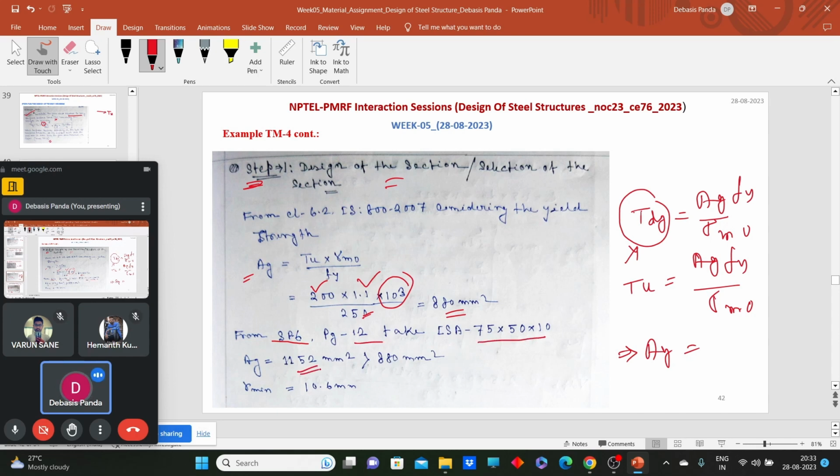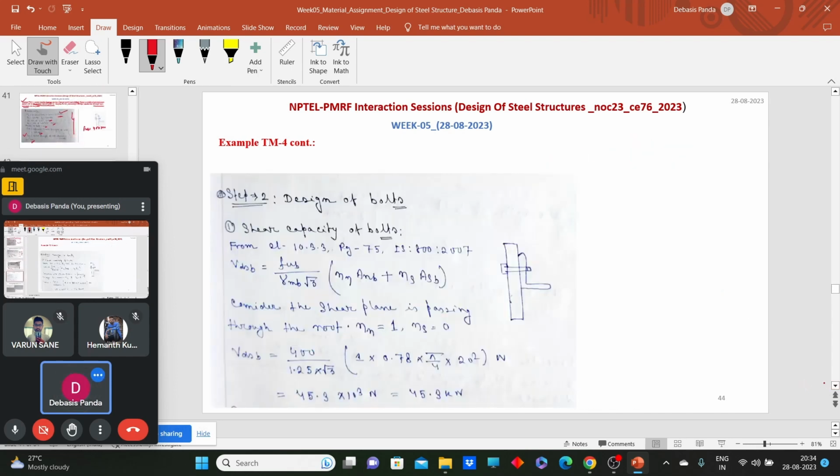The gross cross-sectional area is more than my 880 value, which is required to transfer the 200 kilonewton of load. From this table we have found the value of least radius of gyration, r_min, which will be required when we check against the slenderness ratio.